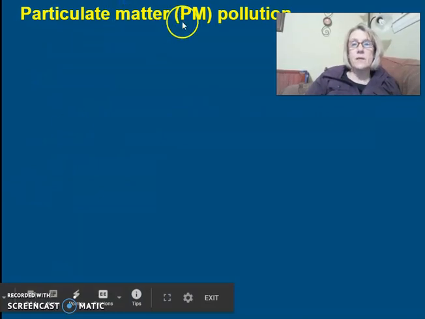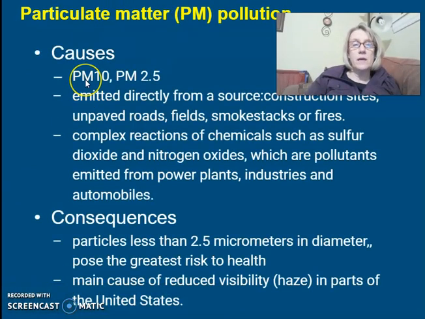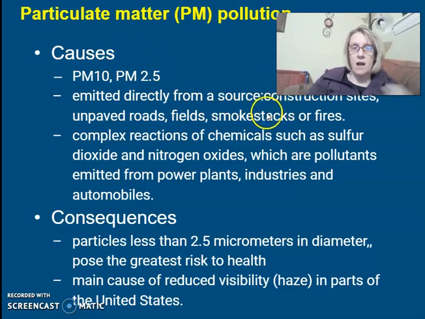All right, particulate matter. We discussed two different types based on size. PM10 means it's 10 microns or less, and PM2.5 is 2.5 micrometers or less. So these are the smaller ones. These are anything that's emitted that's going to form these particulates in the air: dust, unpaved roads, fields, smokestacks, fires.